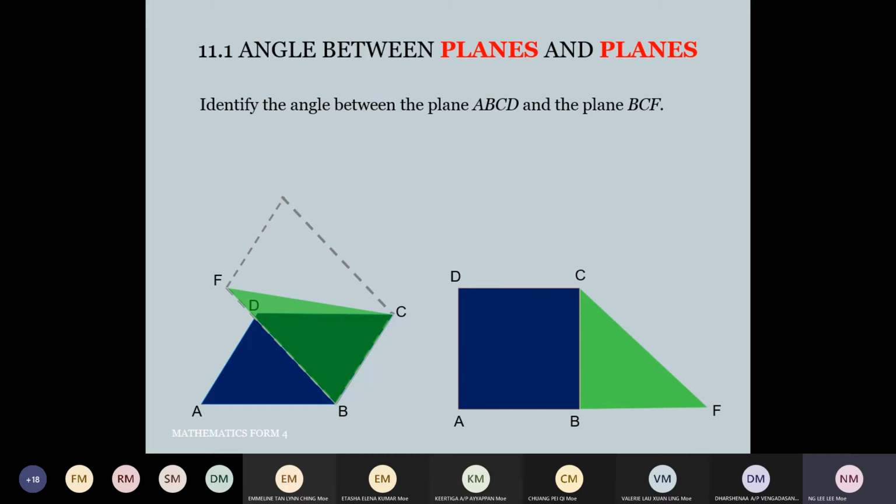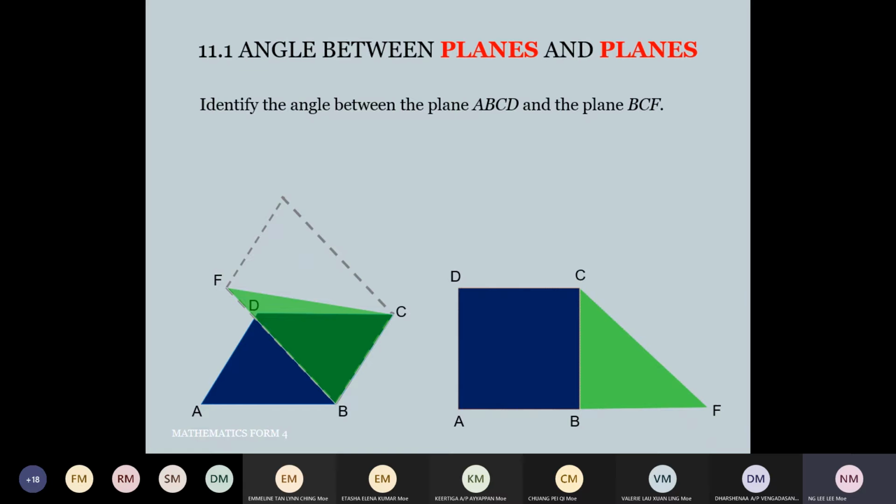Now following the method just now, you want to draw a straight line that crosses both planes. You cannot draw it at the DC side, because DCF is not a straight line, it is two straight lines.